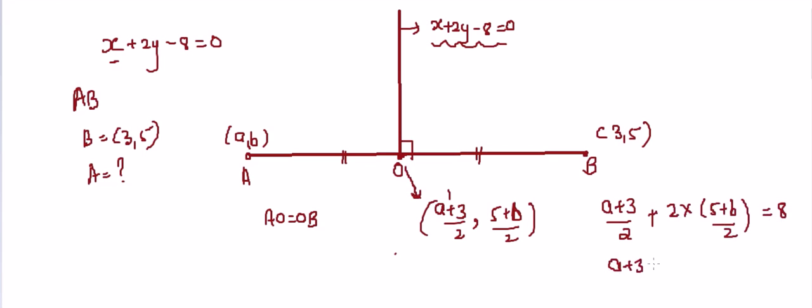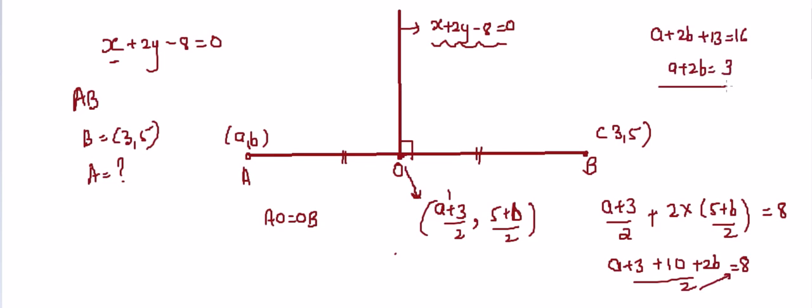So (a plus 3 plus 10 plus 2b) over 2 equals 8. From here I'll get a plus 2b plus 13 is equal to 16 when I cross multiply, and a plus 2b is equal to 16 minus 13, that is 3. This is our first equation in terms of a and b that we have calculated.